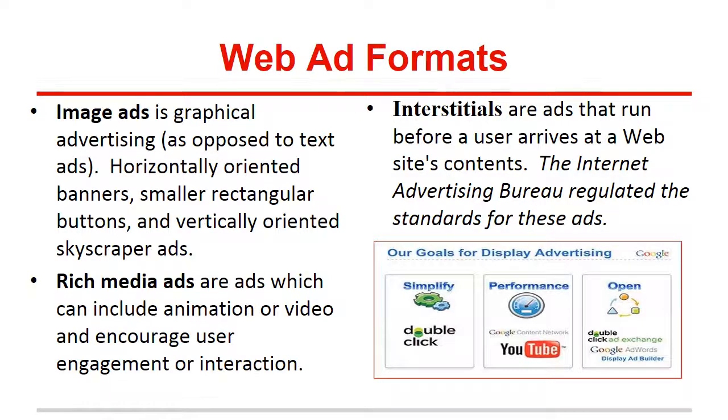Rich media ads, which could include animation or video, and interstitial ads that run before a user arrives at a website's content. These ads are regulated by the Internet Advertising Bureau.